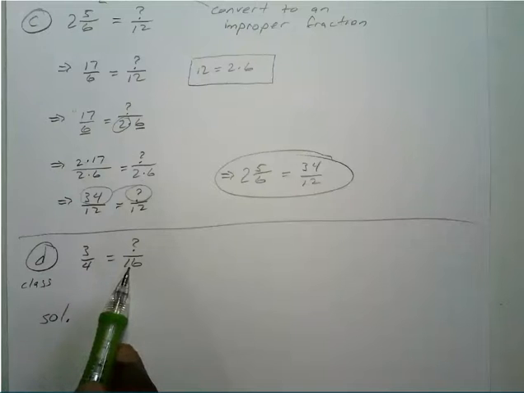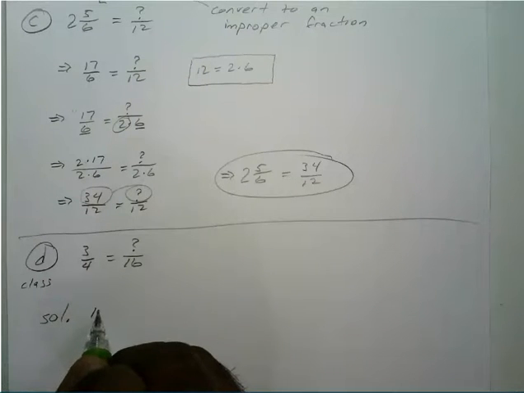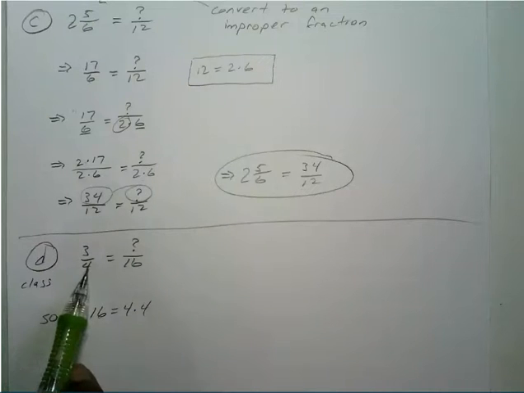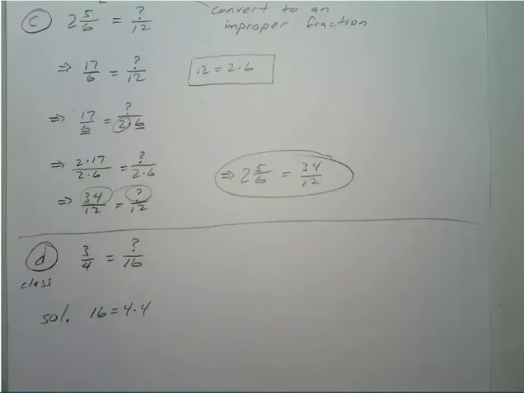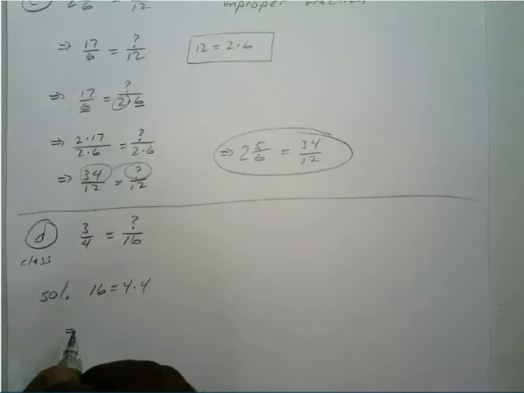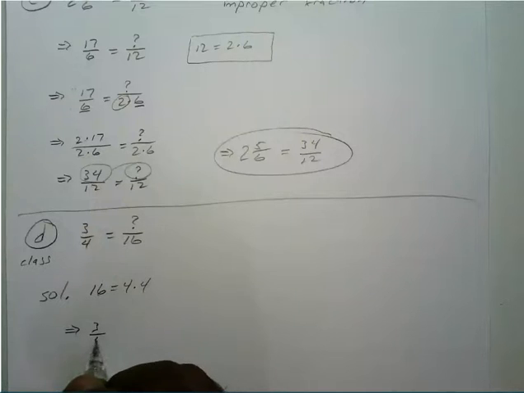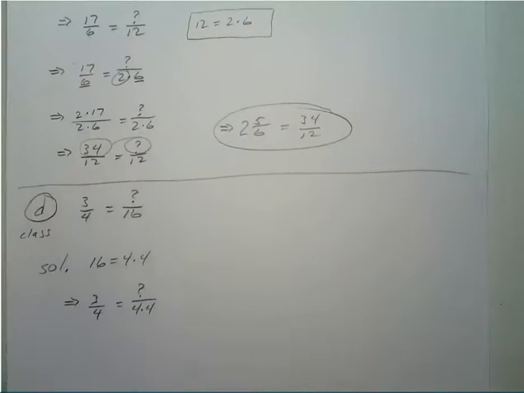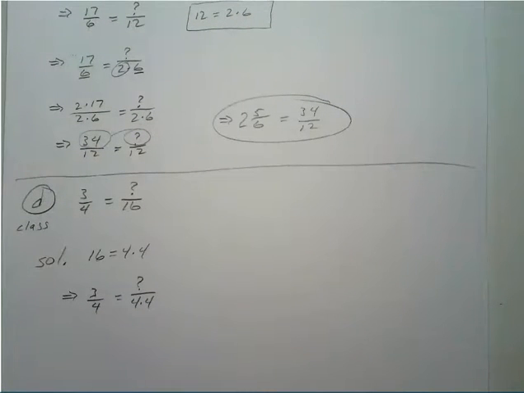Okay, so we have our 16 here. 16 is equal to 4 times 4. So we want one of our factors to match that. So you have 3/4 is equal to some unknown over 4 times 4. You have a 4 here and a 4 here.